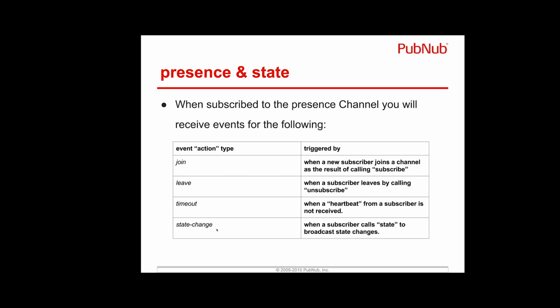And then others would know that I do not want to be disturbed. That's just an example, but you could also use a state change to propagate data on geolocation or on mood, emoticon, whatever the case may be. Whatever kind of state data you want to keep for a given UUID, you can put that together in a JSON representation and send that along when you subscribe. Okay, and that's state change.